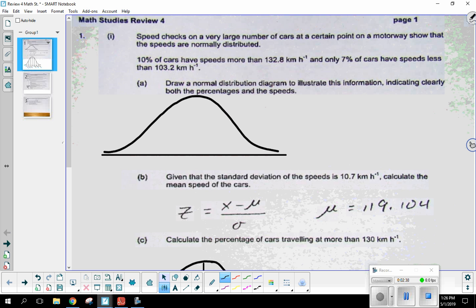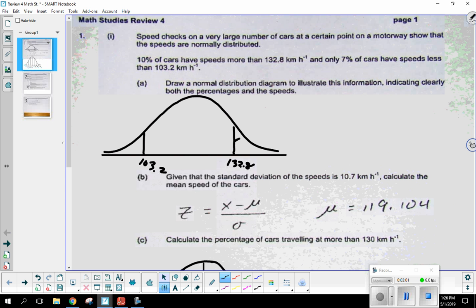But here, we're talking about speeds. So we have 132.8, that represents 10%. So maybe I'd put it right here, 132.8 kilometers per hour. And then we've got 7% of cars have speeds less than 103.2. So I'm just going to kind of guess 103.2.